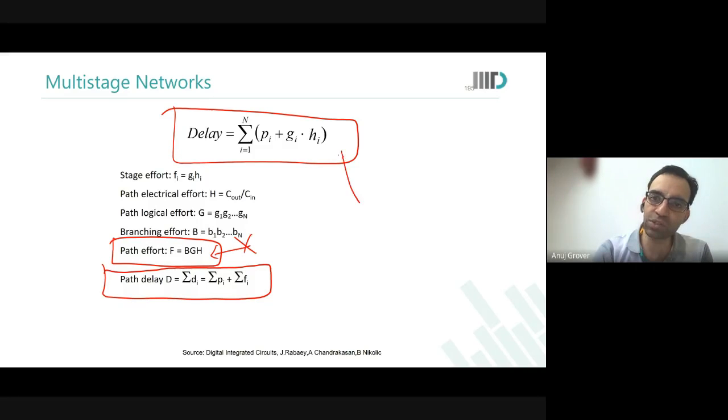Delays are to be done by the standard formula, the sum of all the gate delays. As of now, this has nothing to do with delays. This is only about effort, and that too path effort.